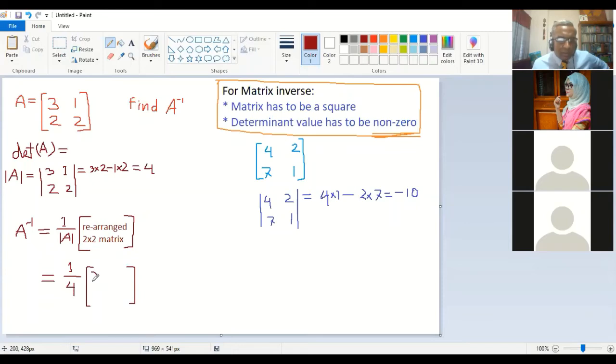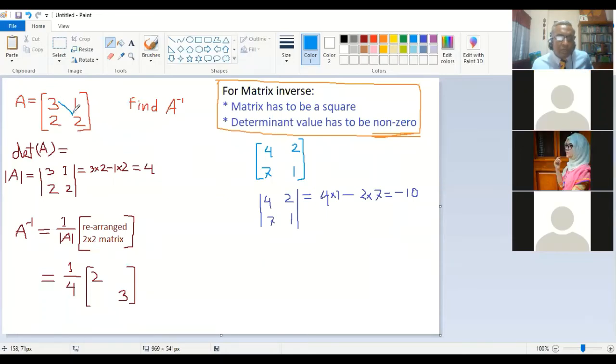You write 2 and 3. What I am actually doing is changing the position of the major diagonal values. So 2 is coming into the 3 position and 3 is coming into the 2 position. So this is the one change.